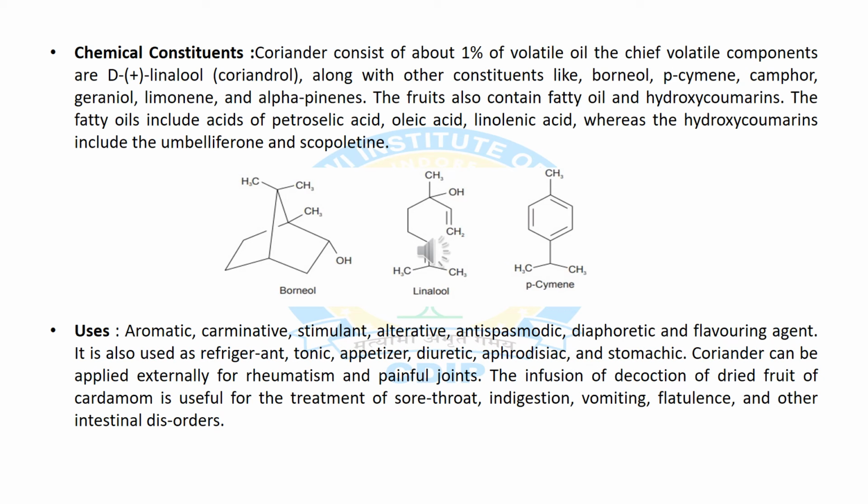It is used as an aromatic, carminative, antispasmodic, as a flavoring agent, and also as an appetizer, diuretic and stomachic. Coriander is also used in rheumatism and painful joints, and its decoction is also useful in treatment of sore throat, indigestion, vomiting and other intestinal disorders.